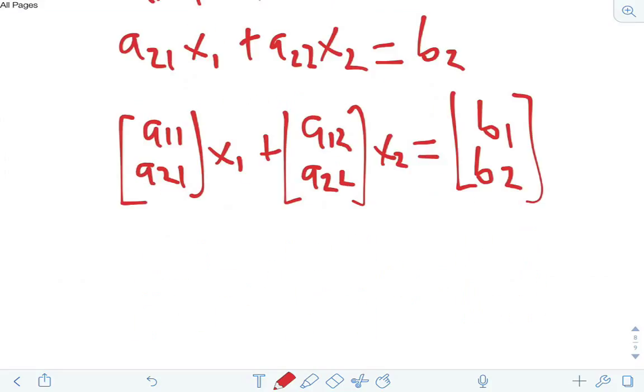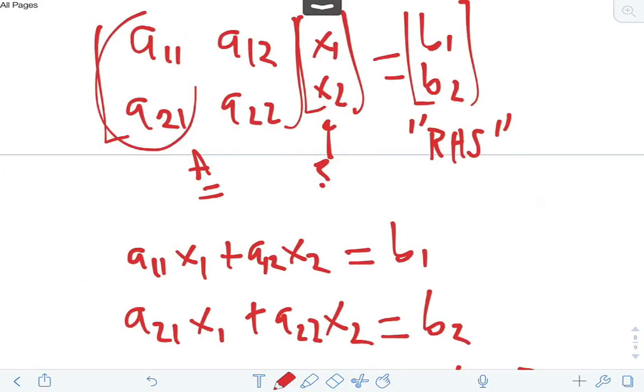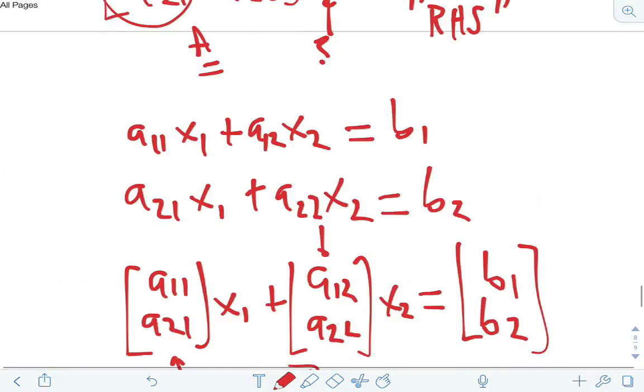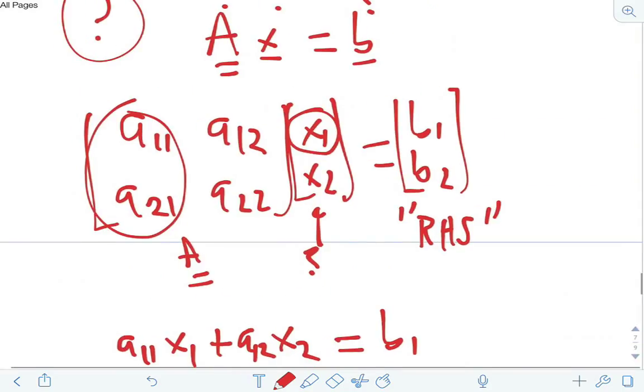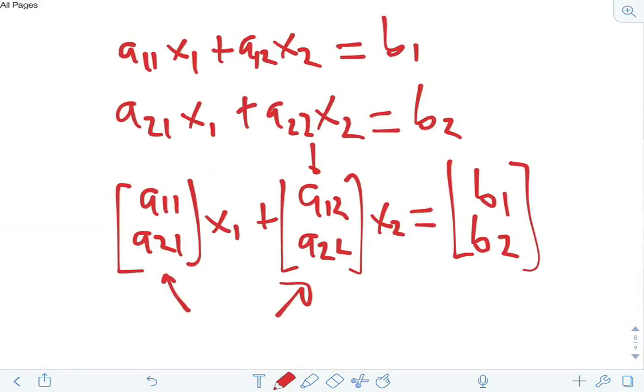And we'll return to that in a second. Keep in mind what we have here. These two things are the column vectors of A. It's this column vector that ends up getting multiplied by x1. So x1 times the first column of A. This a12, a22 here is the second column vector of A. So the first column vector of A times x1 plus the second column vector of A times x2 equals b1, b2.